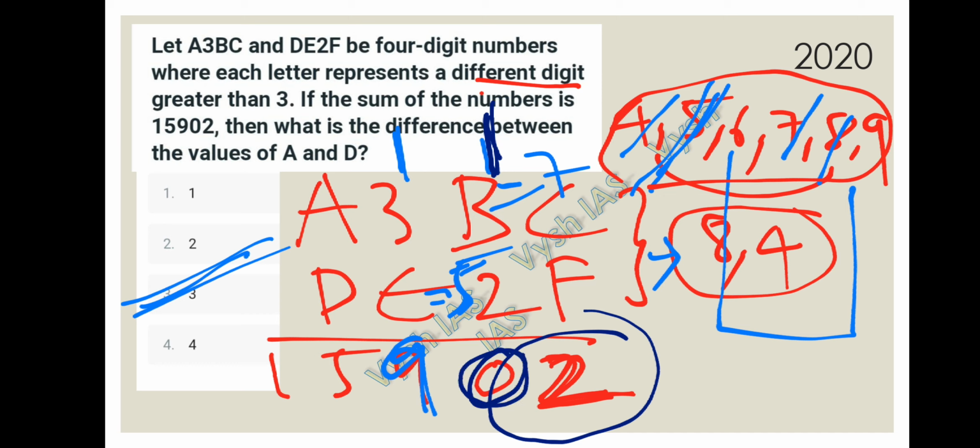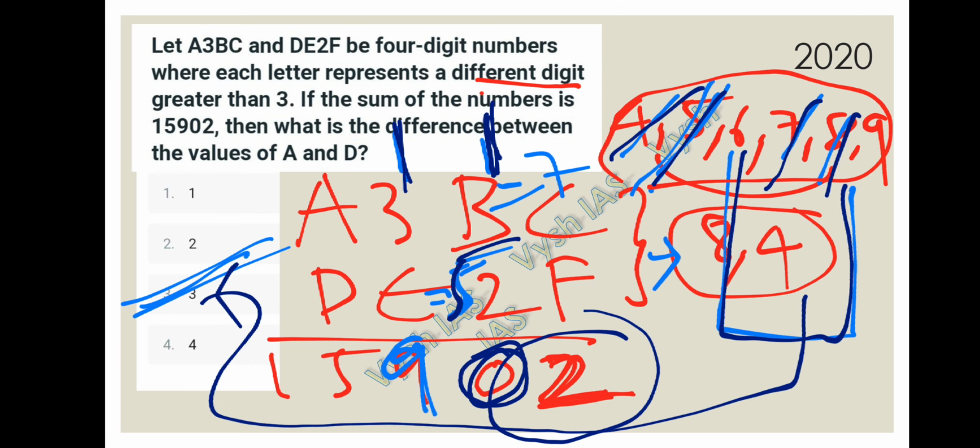Here if we need to get 0, 1 should be carried, because the sum will become 10. The possible value of E will become 5. We have already used 4, 5, 7 and 8 in the places of C, F, B and E. So the remaining numbers are 6 and 9. So the answer is the difference between 6 and 9, that is 3.